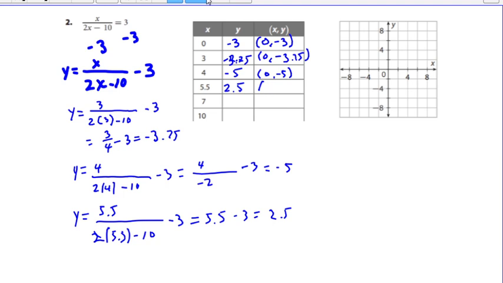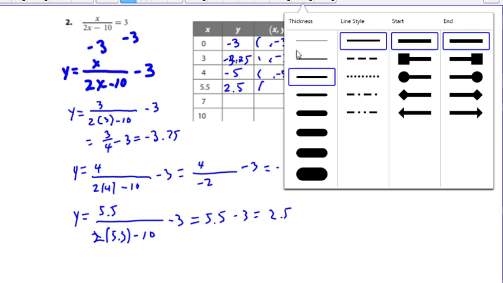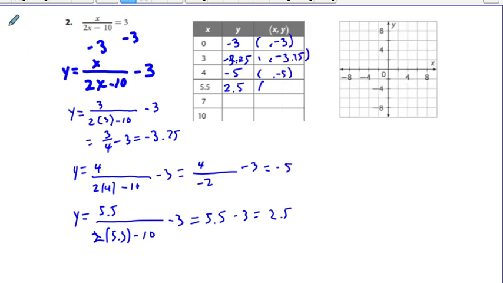Man, I'm just messing this up all the way around. Got to get my x coordinates right. Okay, these x coordinates are going to be, this is 0 for sure. This is going to be 3, 4, 5.5, comma 2.5. Yeah, my pen's a little glitchy.